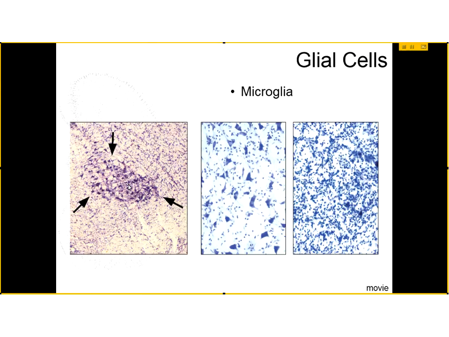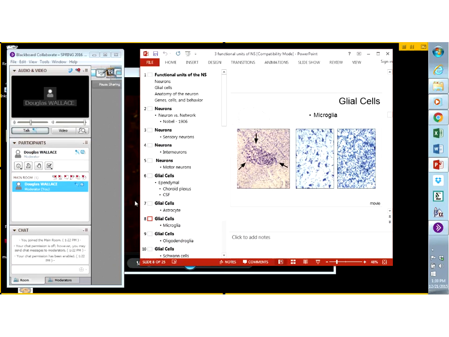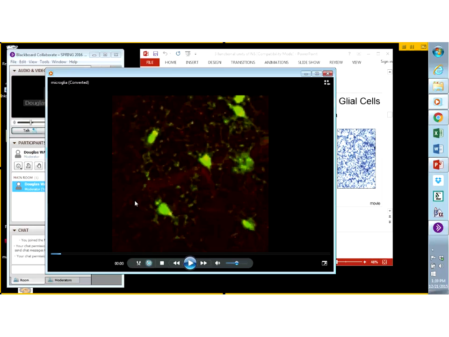What I'd like to do is show you a little movie of microglial cells in action. And I'll also post this in Blackboard. What we're able to do here is stain microglial cells. This is in living tissue. And this red line you see here is a blood vessel on the surface of the cortex.